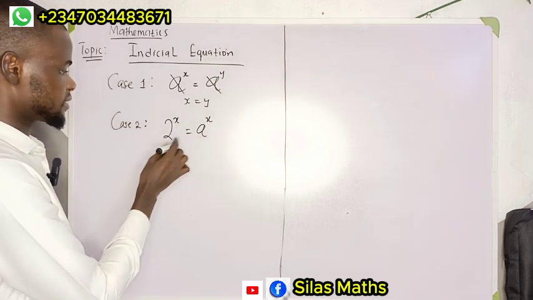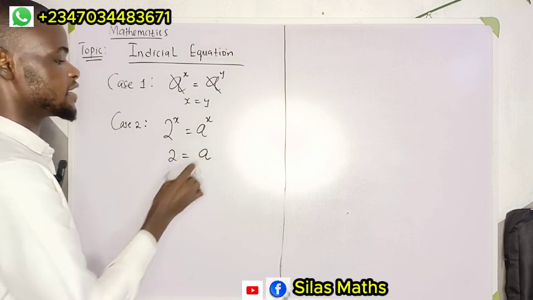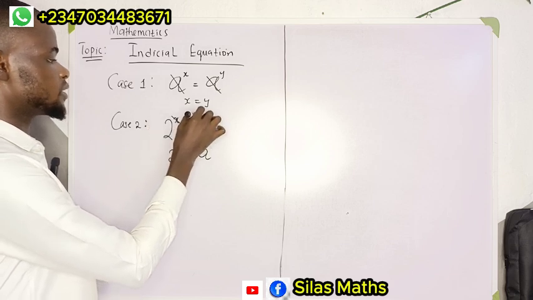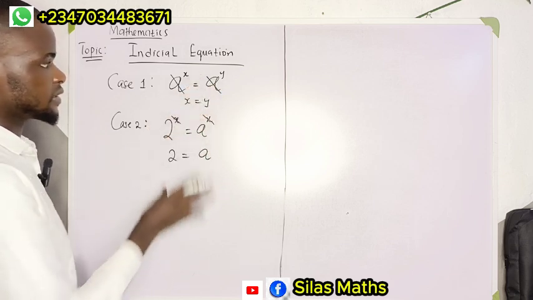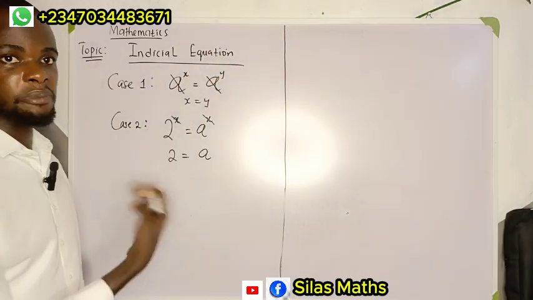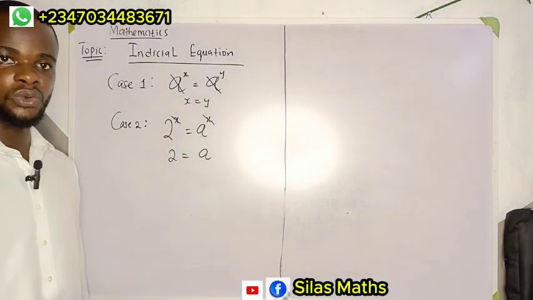This simply means that 2 is equal to a. So for this case we equate the base, while for the other case, when the bases are the same, we equate their powers. So that's what we're going to be considering while solving indicial equations.